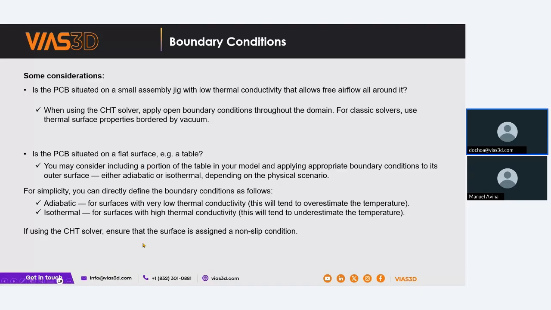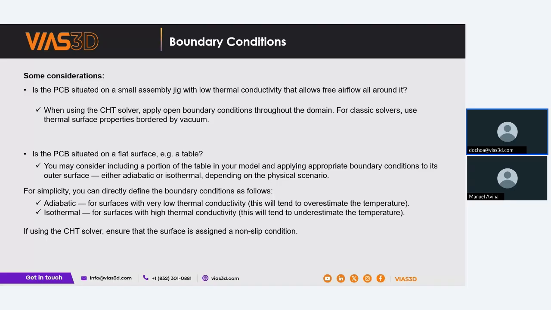Now, the second example I have is if you have a PCB that is situated on a flat surface, for example, a big table. If that's the case, you should consider including part of that table in your model and apply appropriate boundary conditions to its outer surface.